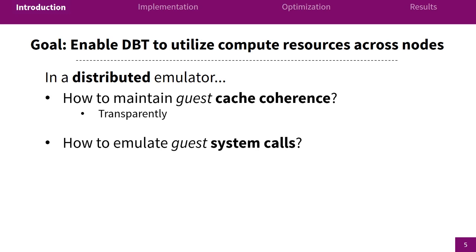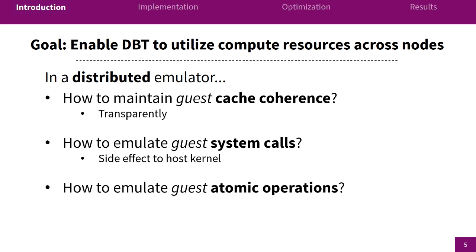A system call not only affects the guest memory region but also has a side effect on the host kernel. So how do we keep consistency between different nodes in terms of host kernel state? And how to emulate guest atomic operations? In dynamic binary translation, we have to provide equivalent semantics between the atomic operations of RISC and x86. And how do we still keep it correct in a distributed system?